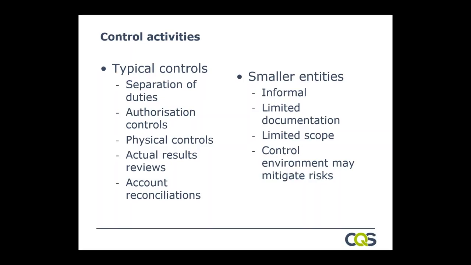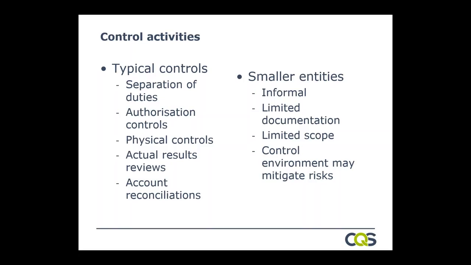Also, this is what I find in practice a lot, control activities may have limited scope on a small entity. What I mean by that is you've got, on Probe, a section for controls over sales and purchases and salaries and property, plant and equipment and debtors and creditors.